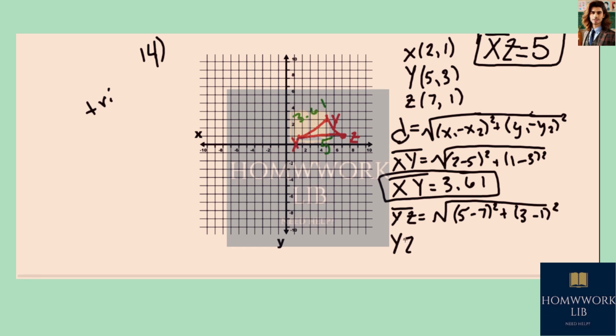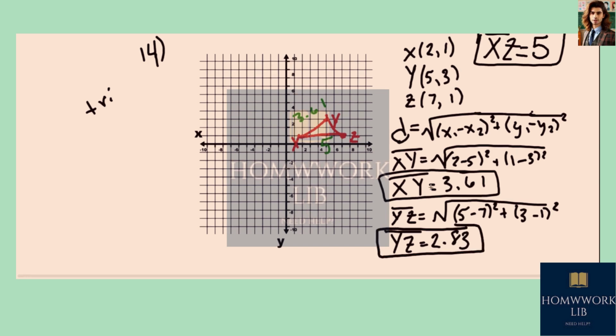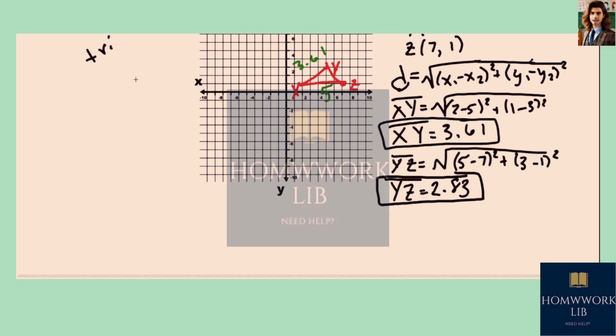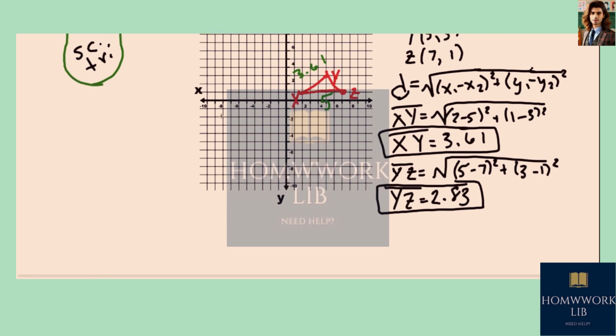When you plug that into your calculator, you will get the measurement of YZ is 2.83. So we can see that this is not an isosceles triangle. This is a scalene triangle. So I'm just going to abbreviate that. Scalene triangle. And that is the first part of our answer.